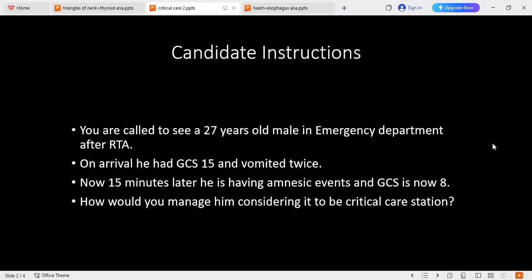In case of a head trauma, when would you decide a CT scan should be done? What are the indications for CT scan in a head trauma patient?